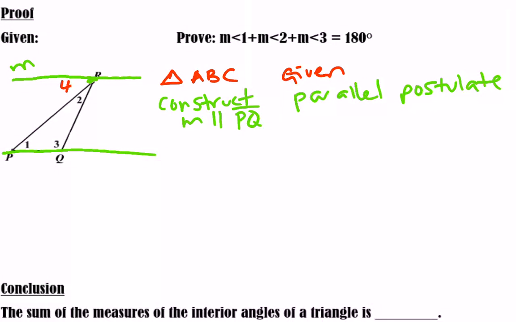So I'm just going to call this angle 4 and this angle 5. So one thing I know is that angle 4 is congruent to angle 1 by alternate interior angle theorem.